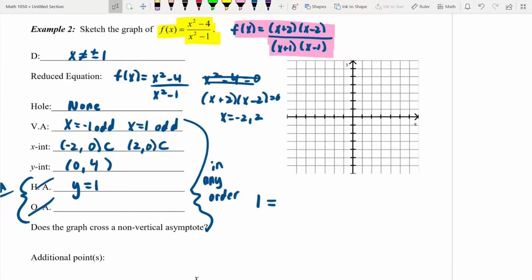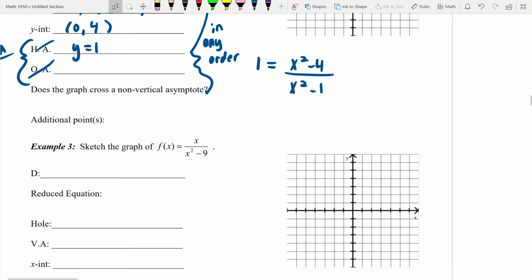Which one's going to be easier, yellow or pink? Yellow, because it's already partially multiplied, right? If you do pink, you're going to have to go x plus 2 times x minus 2, get that, then cross multiply. Then the other one, x plus 1, x minus 1, multiply, then cross. That's just more work. So I'm going to write x squared minus 4 over x squared minus 1.